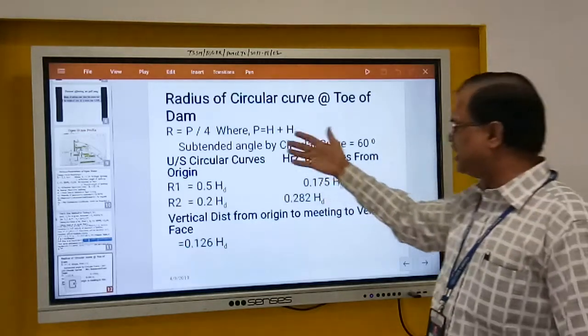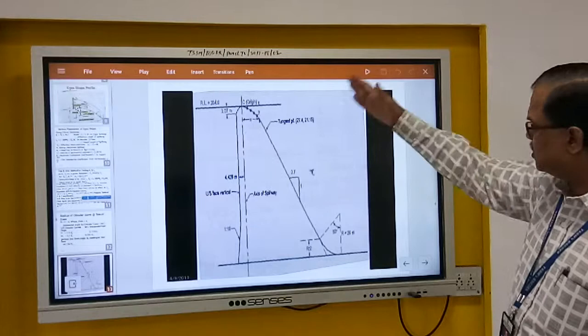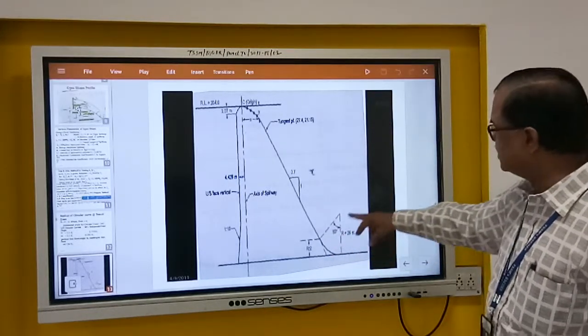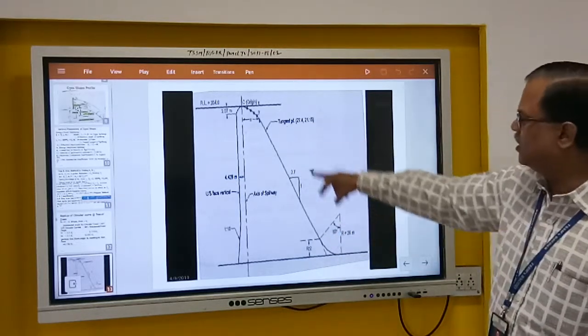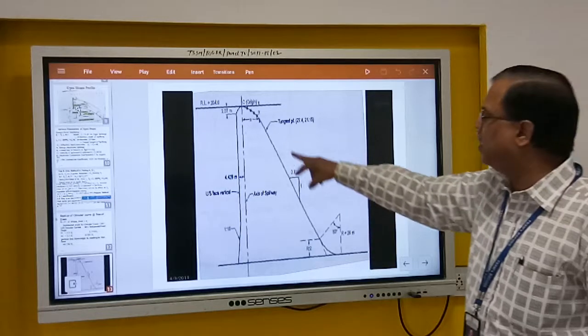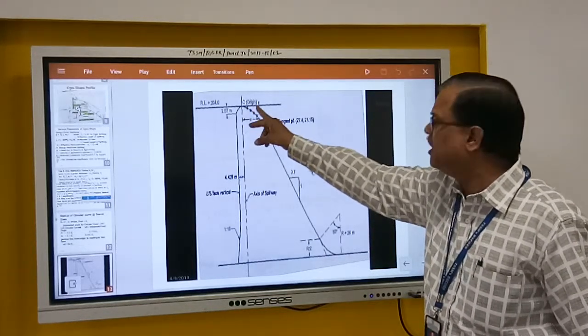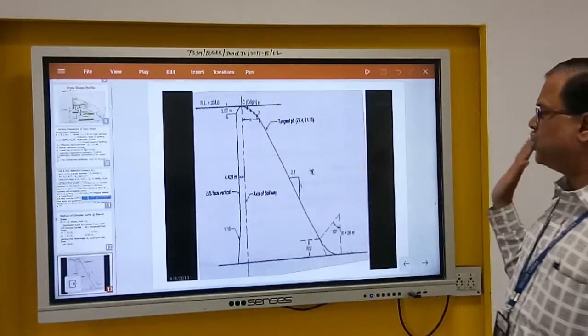Substituting the values, all the parameters are to be calculated, and we will have this shape. This is the toe curve which has the radius r equal to P by 4. This is your downstream slope of the non-overflow section. Then the parabolic section which has the parabolic equation, then R1 and R2, and this is your complete OG spillway.